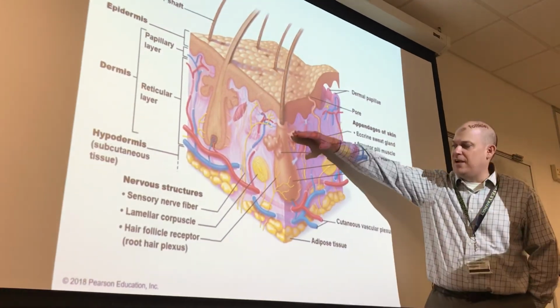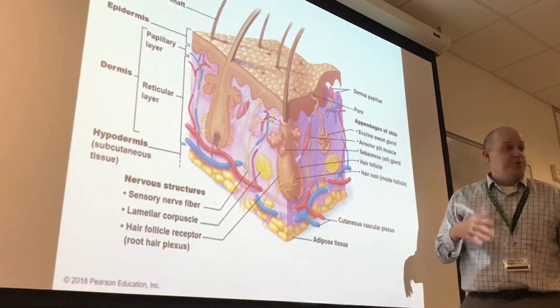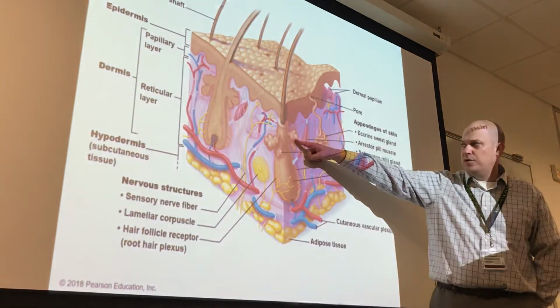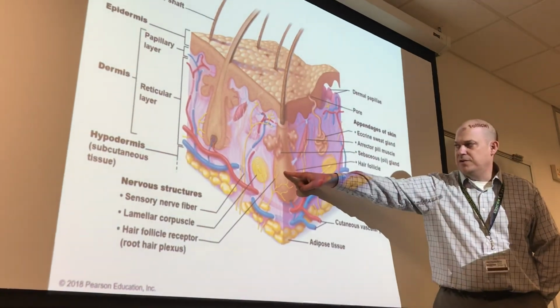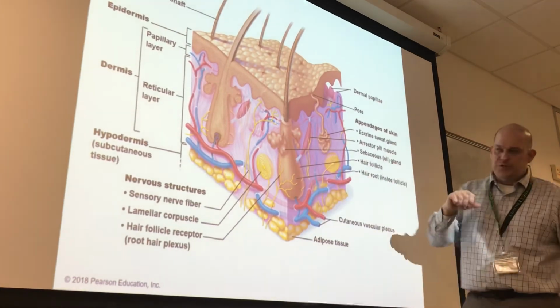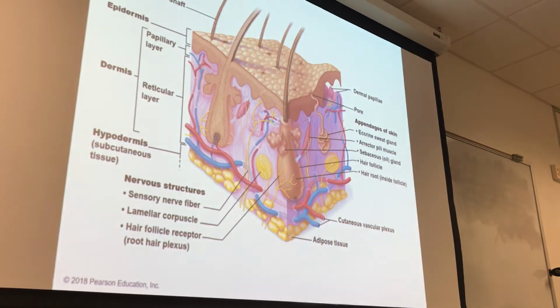Now we're talking about everything found in the rest of the dermis, which boils down to a few components: sweat glands, oil glands, hair follicles and the muscles associated with them, and then nails, which are produced from this portion of the skin as well.